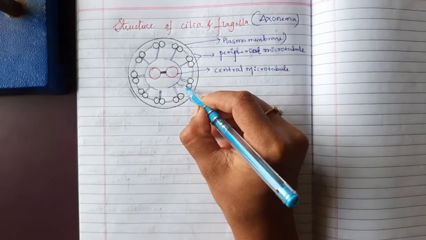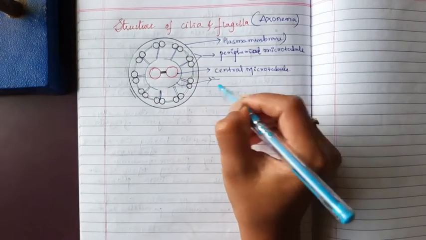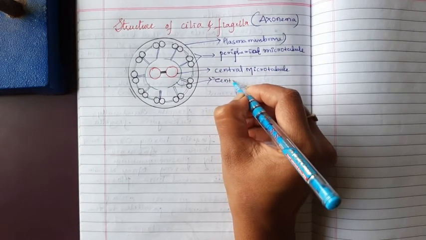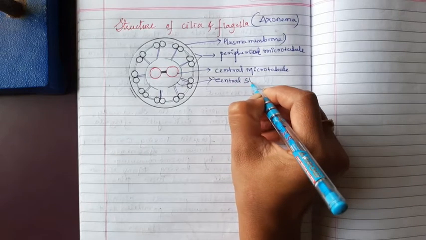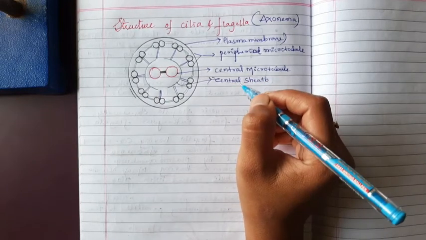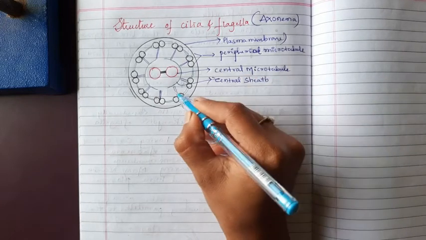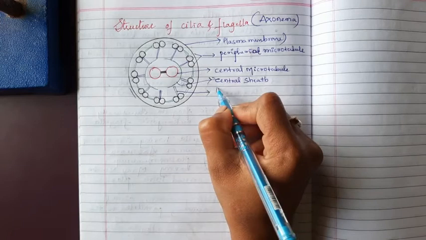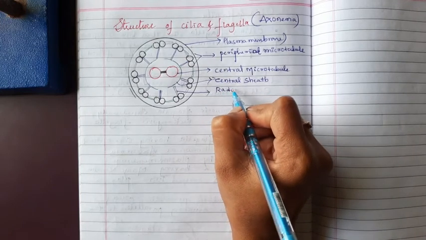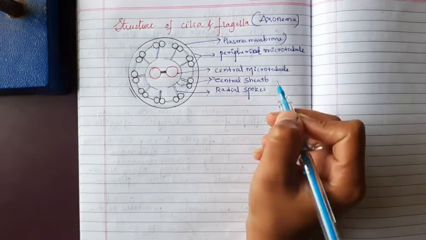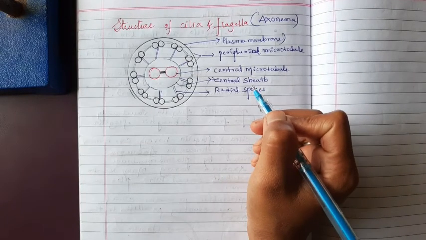Then the sheath covering the central microtubules is the central sheath. Then the connection to the central sheath is the radial spokes.